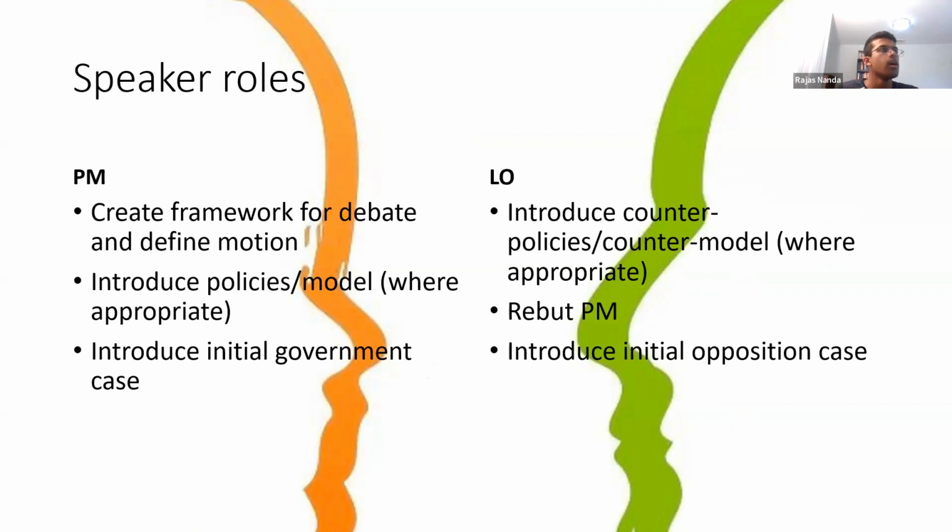So for the sugar tax motion, this house would implement a sugar tax, you want to explain things like the problem, so what you're solving for. There might be one main problem that you're trying to solve, or multiple.